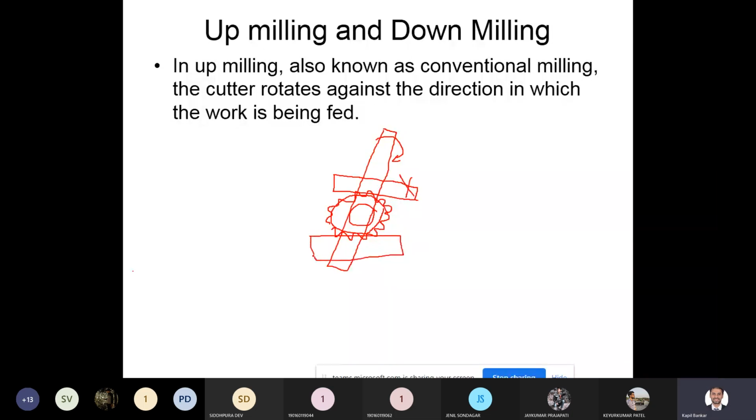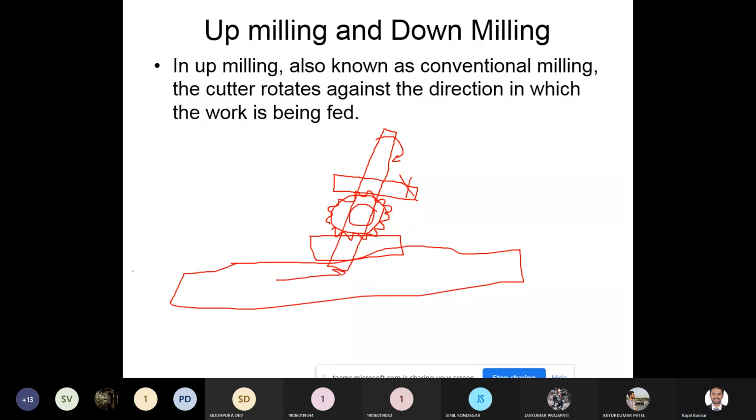This is your workpiece, and the workpiece can be fixed or mounted on the table, and the table will be moved in this direction. So what happens here? Your cutter will be rotated in this direction, and your workpiece will move in this direction.